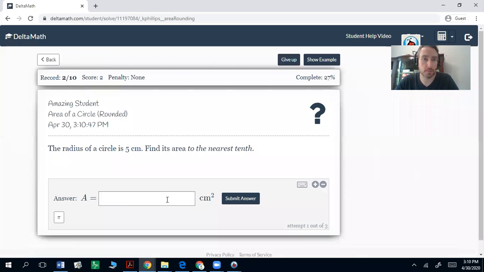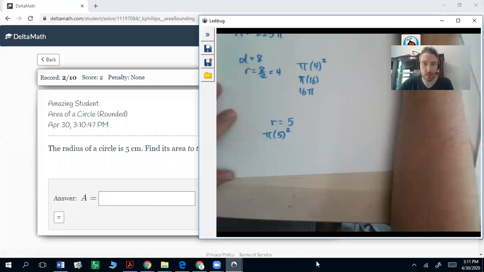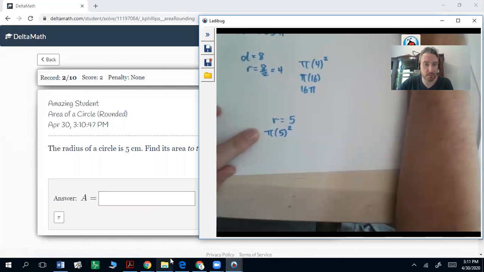Let's do one more of those. All right, the radius of a circle is 5. And we want to know what is the area to the nearest tenth. Pi times 5 squared, put it in Desmos.